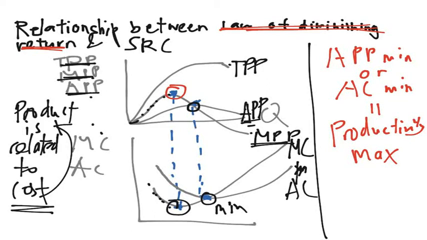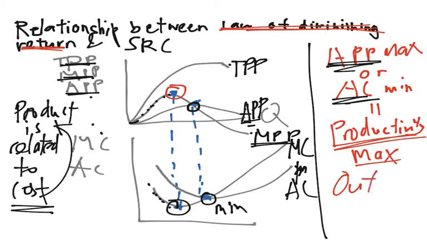Reason being, if the average physical product is at its maximum, or the average cost is at its minimum, it means that the productivity of the worker, meaning output per worker, is at its maximum.